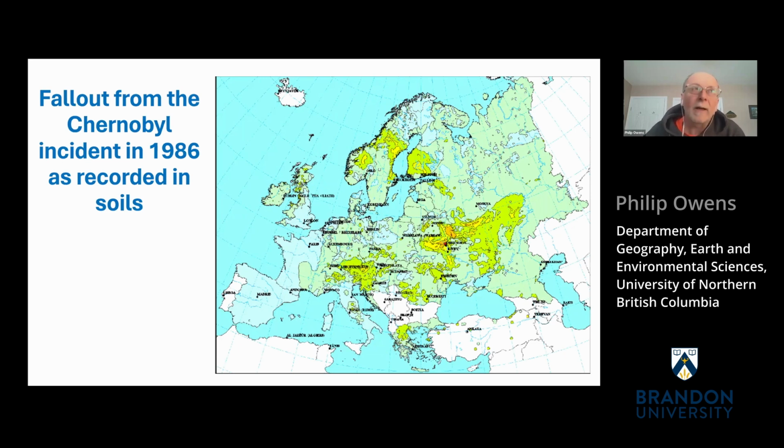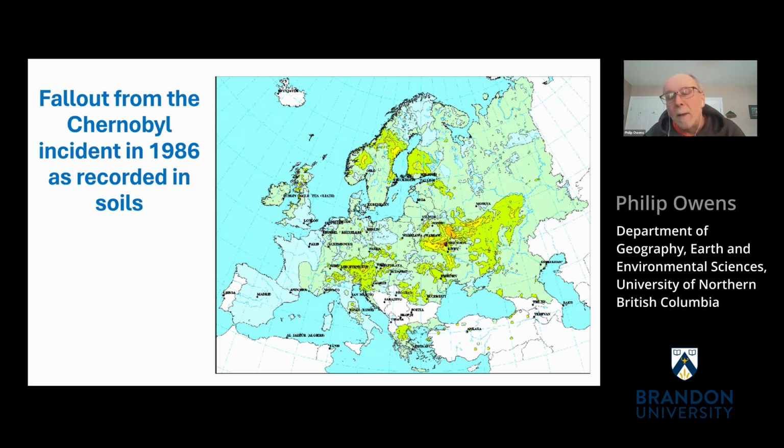It was a catastrophic nuclear accident that occurred in Ukraine, and it released into the atmosphere a variety of different fallout radionuclide products such as cesium, plutonium, and a variety of other things. This is a map that shows the distribution of the fallout of those radionuclide products that were released into the atmosphere in soils.